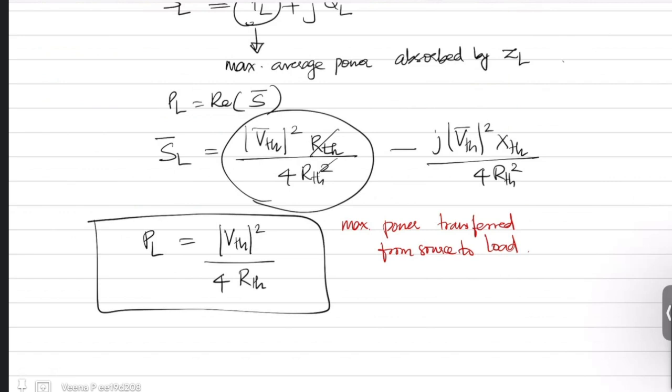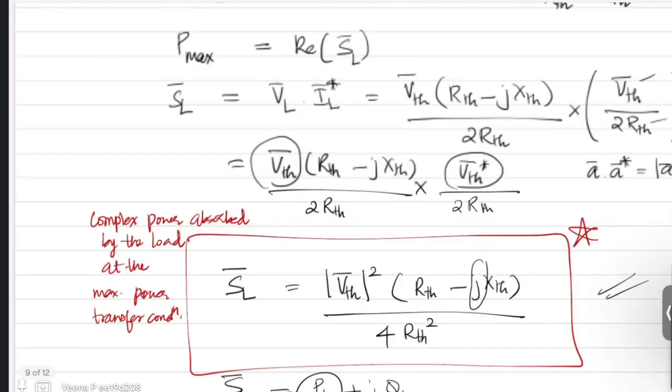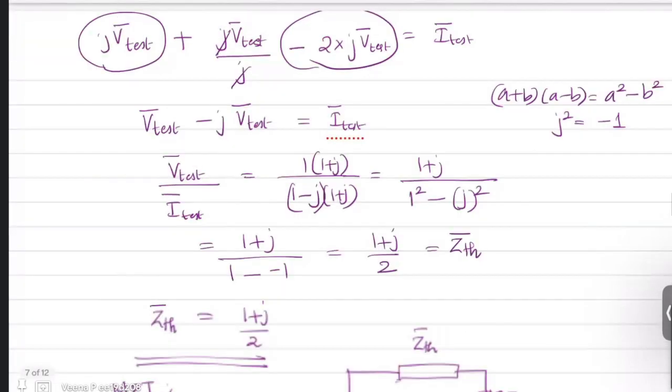So this remains the same for AC excitation as well as DC excitation, but in AC excitation the condition is ZL should be Z Thevenin conjugate. So to find PL, you have to find V Thevenin, because in the previous problem you already found your Z Thevenin.